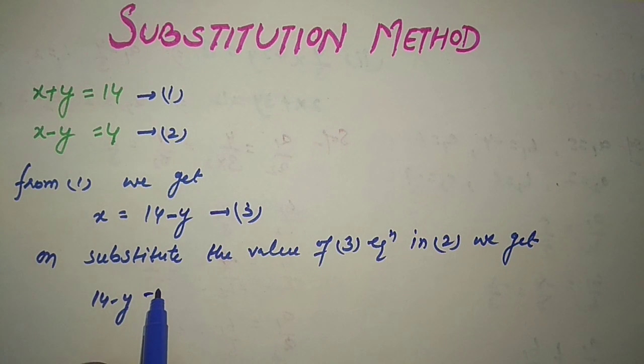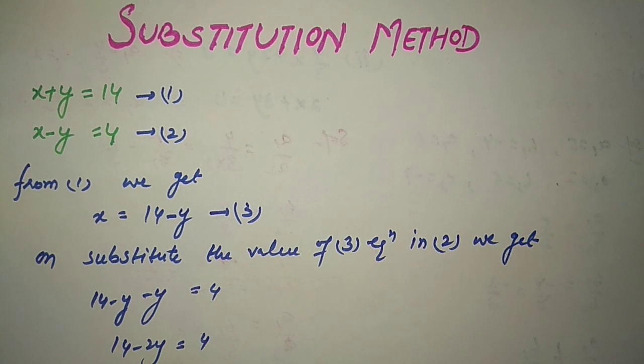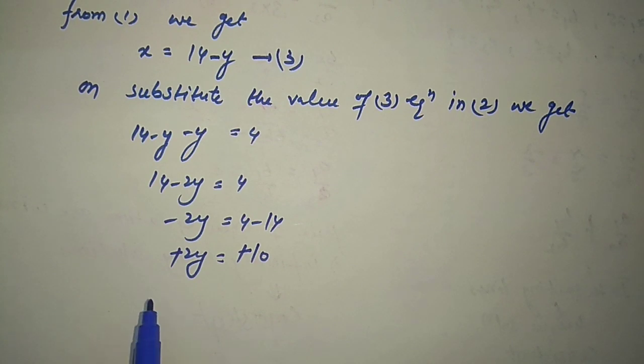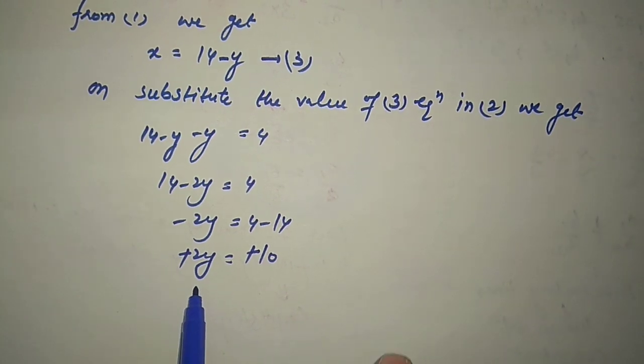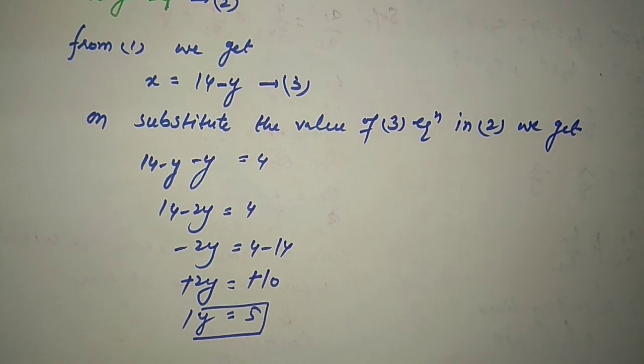Here is minus y, write it as it is, equal to 4. We get 14 minus 2y is equal to 4, and minus 2y is equal to 4 minus 14, that is minus 10. Minus will cancel with minus, and we have y is equal to 10 upon 2, that is 5. So we have our first value, that is y is equal to 5.